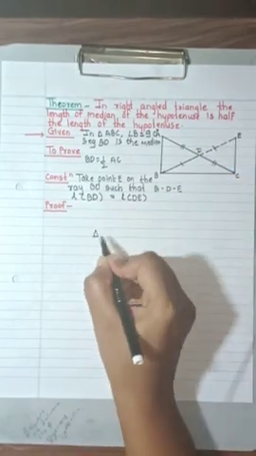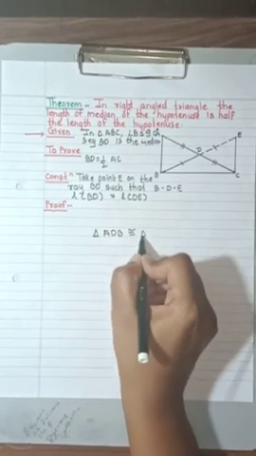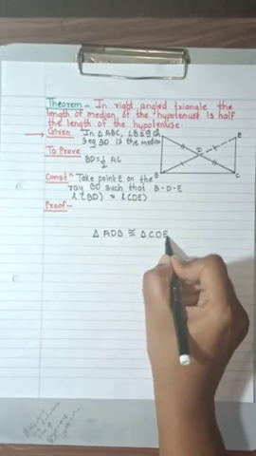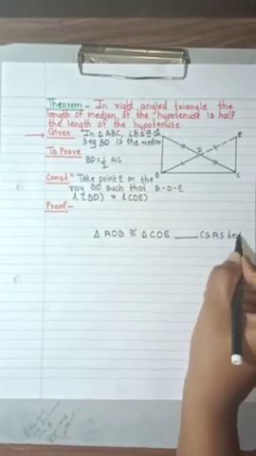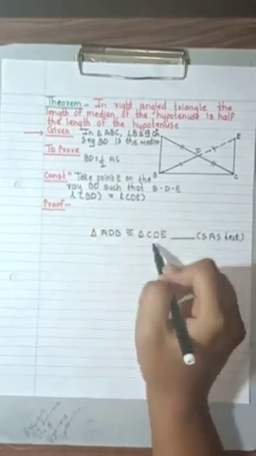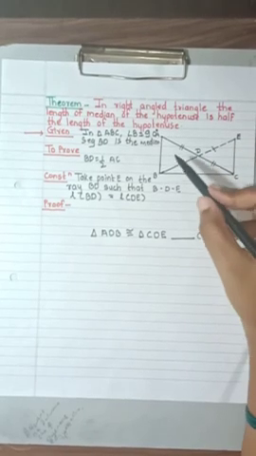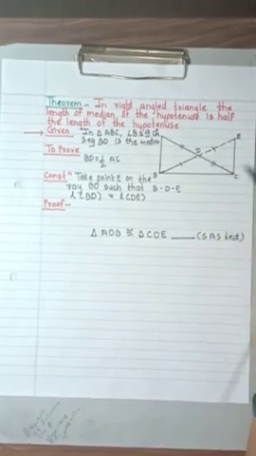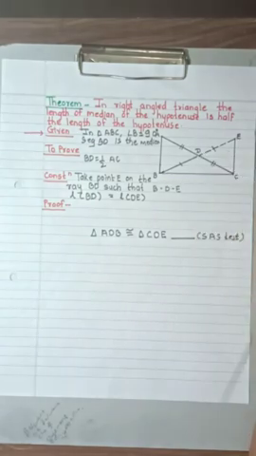So I'll write down the outline first. In detail, you will write how the triangle is congruent. You proved first this side is congruent to this side, then this angle is congruent to this angle, and then this side is congruent to this side, from construction.